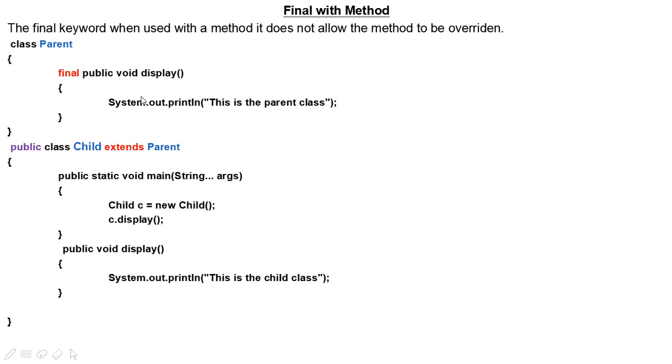This concept is called method overriding. So the child class will have priority, and the output which will come is, this is the child class. So let's move on to the IDE to understand it better.